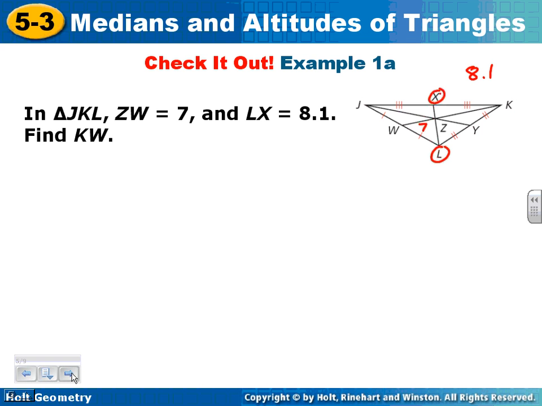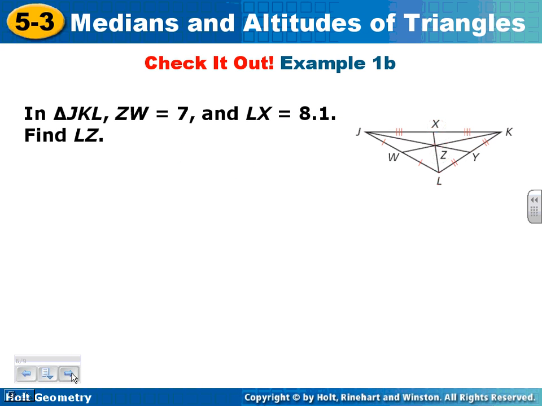Well, if this length from W to Z is 7, that means from Z onto K would be twice it, 14. Twice 7 is 14. That means from K to W, I would have to take the 7 plus the 14 and get an answer of 21. So 21 would be my answer. So wait, I didn't have to use this 8.1 yet. That comes up on the next slide.